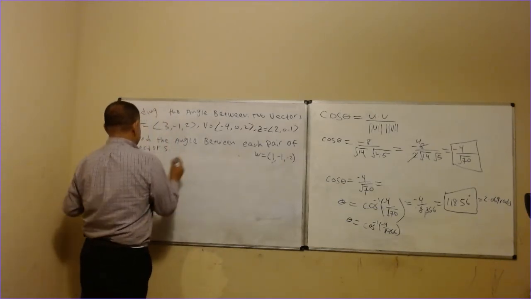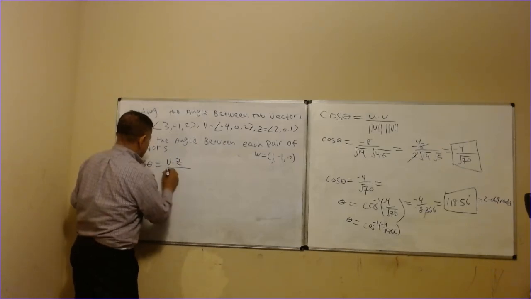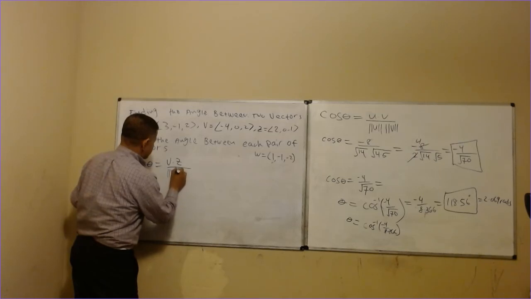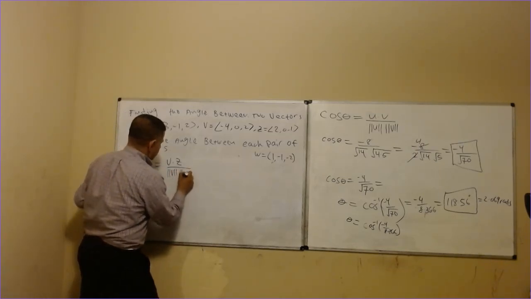So it's V dotted with Z under its respective magnitudes.